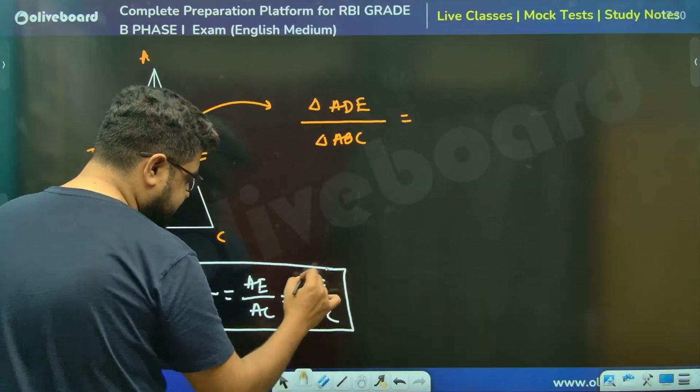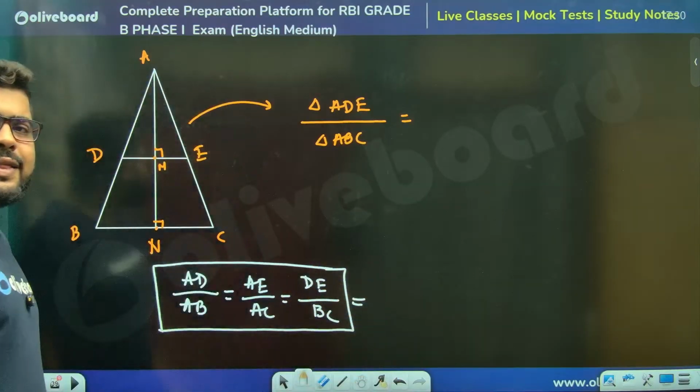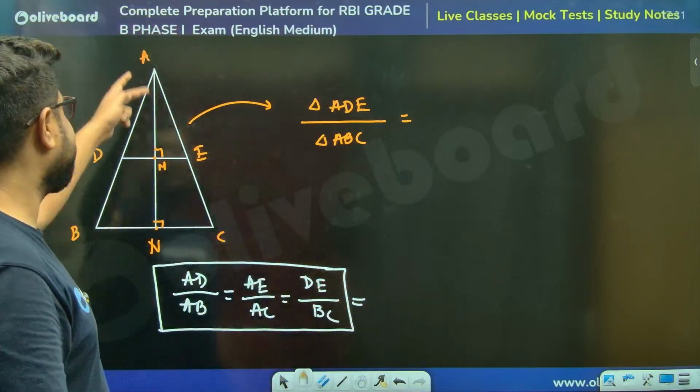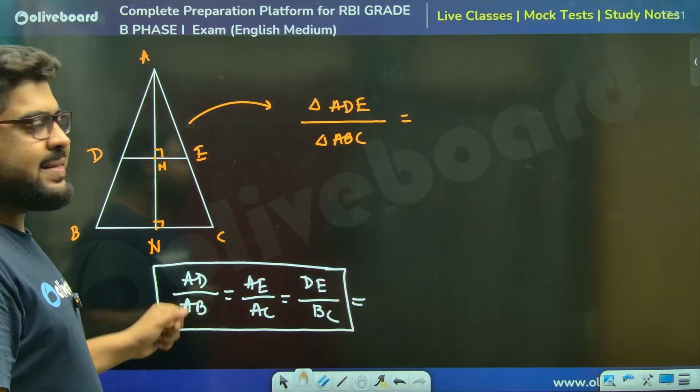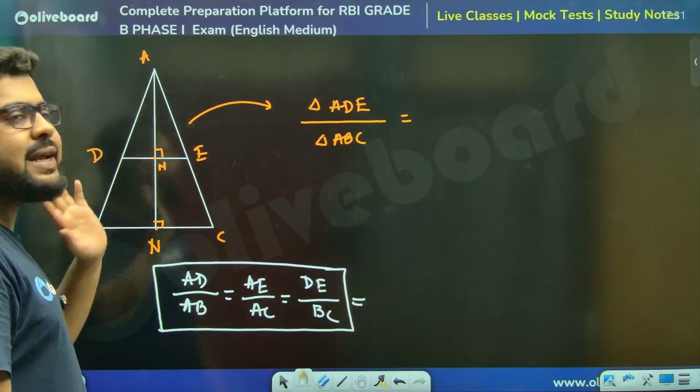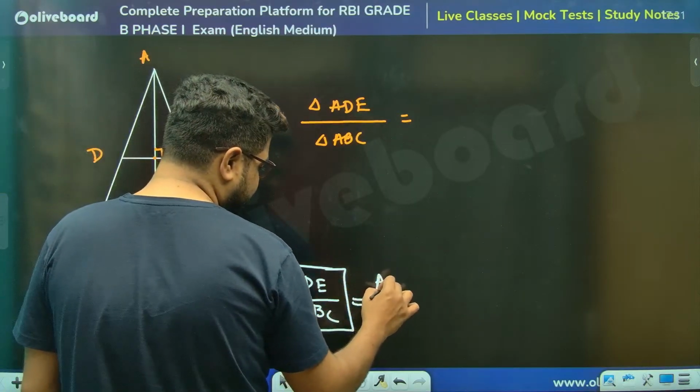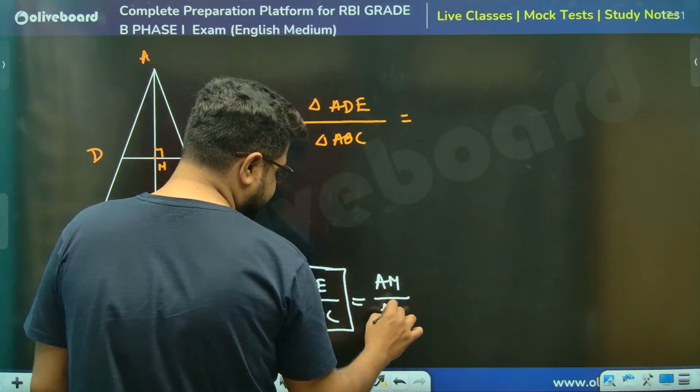Now, please understand, along with that, one more thing we can conclude. This is also a line intersecting like this. So I can also conclude AM by AN.